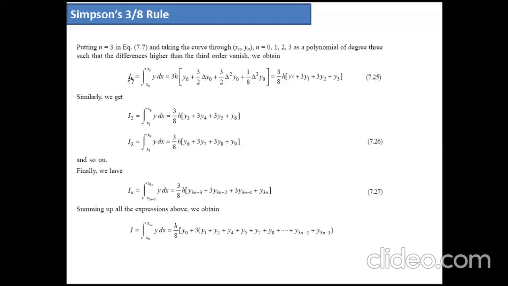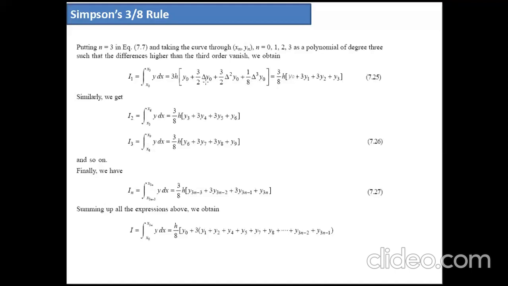So we get this integral I1 from x0 to x3, because in our first step we are taking the first 3 intervals, so points will be x0, x1, x2, x3. So the range will be x0 to x3 of y dx, and by Newton-Cotes rule we have this expression by putting n is equal to 3 and putting delta 4 and higher orders equal to 0. So finally we have this relation.